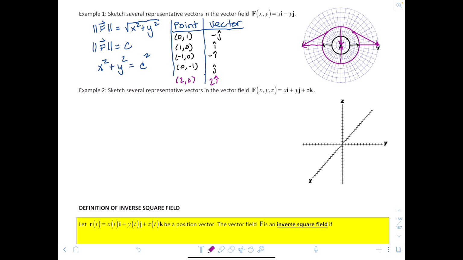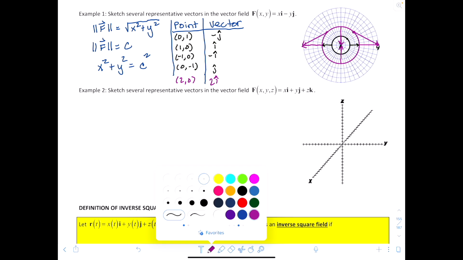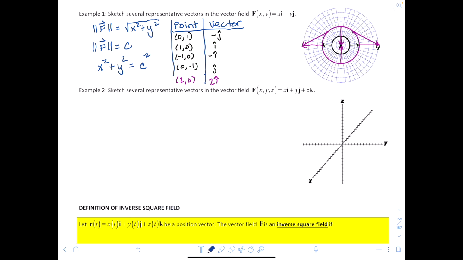If you've got the vector field F of x, y, and z is xi plus yj plus zk, when you're looking at the magnitude of F, you're going to end up with the square root of x squared plus y squared plus z squared.